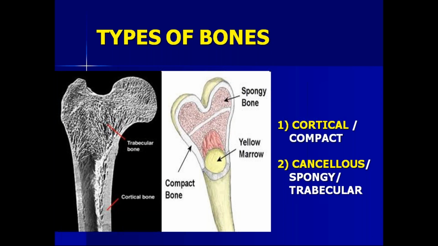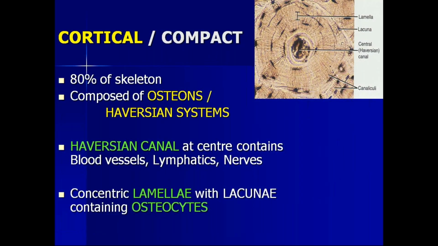Cortical bone is compact. You all know the microanatomy of the bone. It is composed of a central Haversian canal, and concentric lamellae are present all around it, which contain the osteoblasts and osteocytes. The Haversian canal is the center which contains the blood vessels, lymphatics, and nerves.